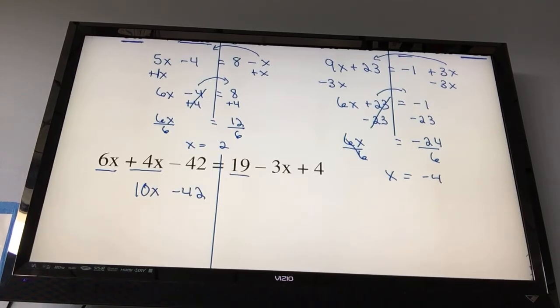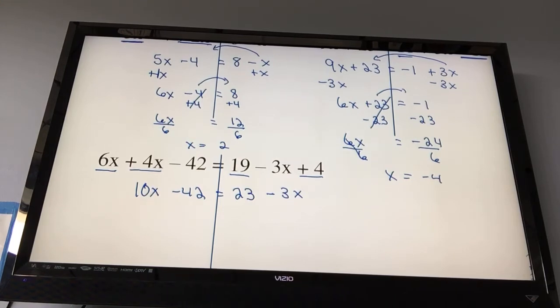On the right, I can combine the constants. 19 plus 4 is 23, minus 3x. Okay, I want you to try to go from there. Yes? Even though we combined the like terms on the left side, would we still end up moving 3x to the 10? Yep. Okay, try to finish that right now.